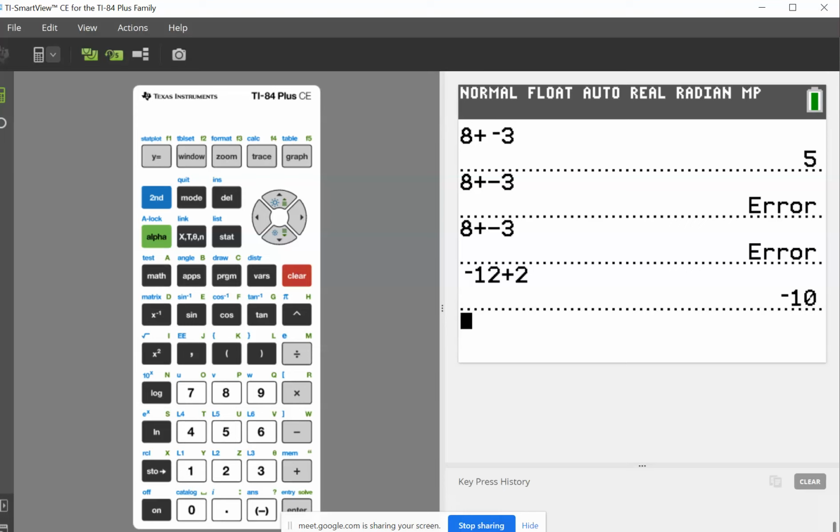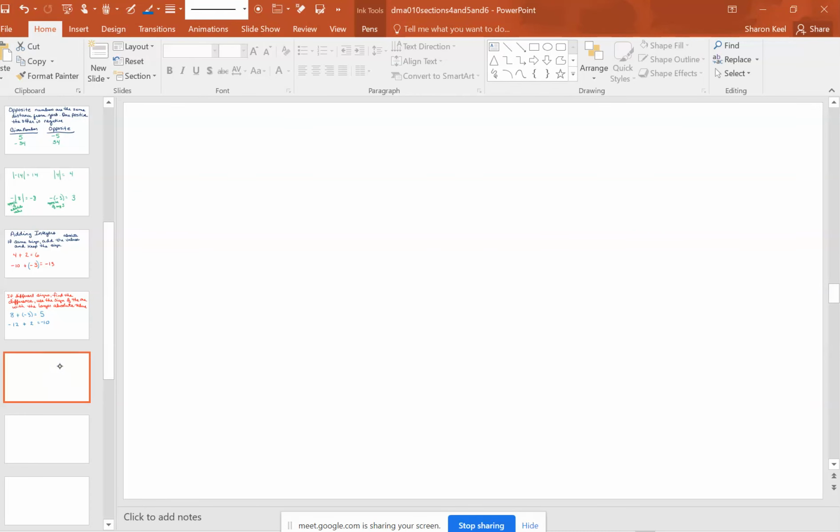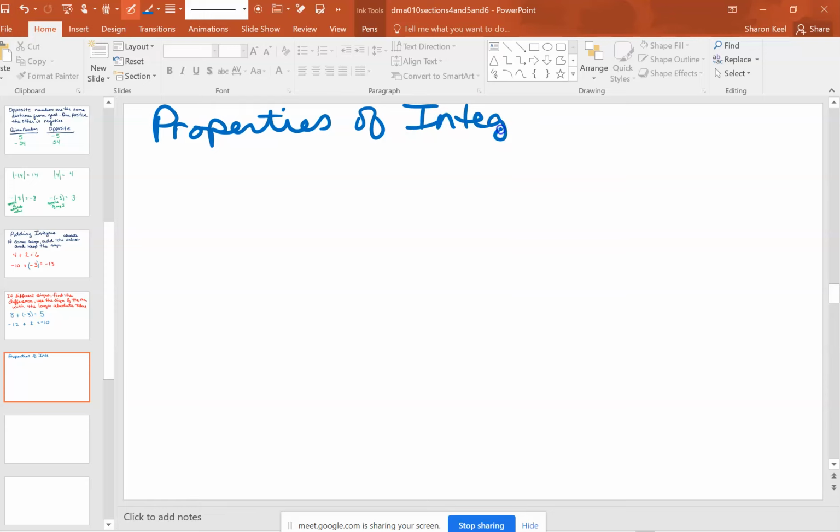Another thing that we want to look at is some of the properties of integers. Properties of integers, we have what's called the commutative property.